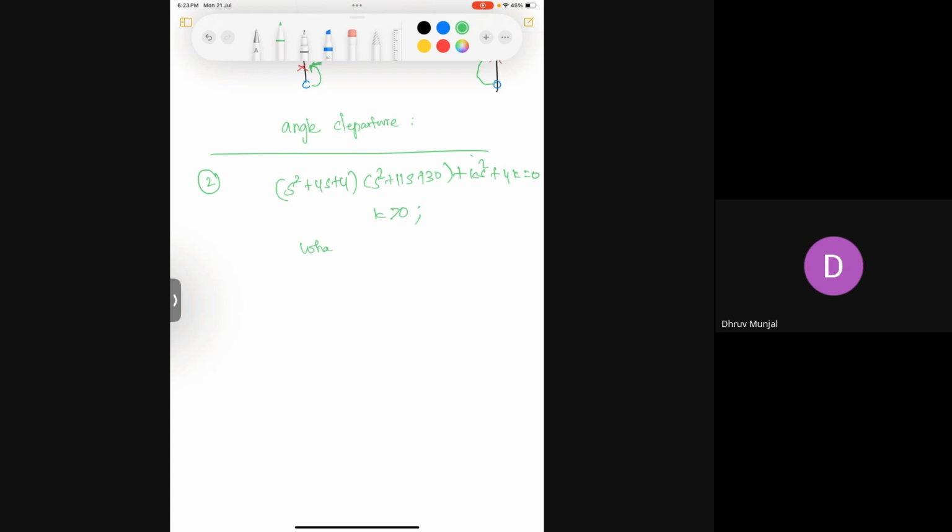They are asking where the asymptotes meet. This is another question: can you find the poles of the system?